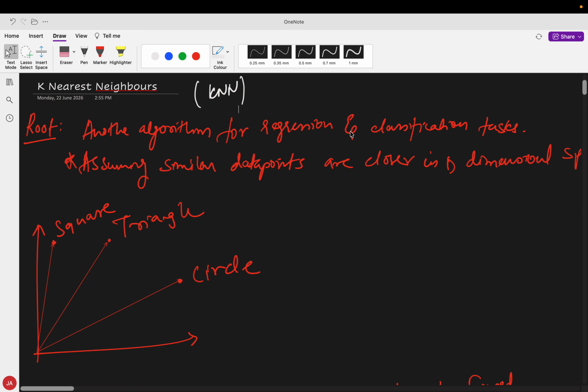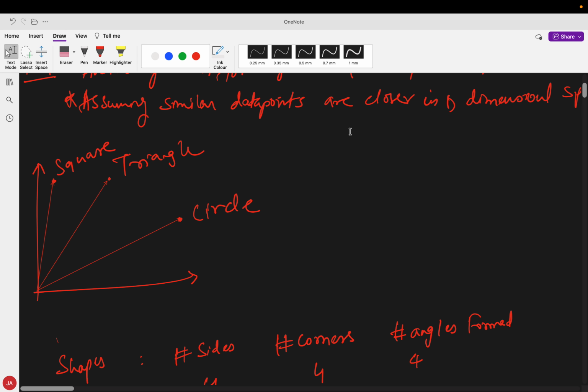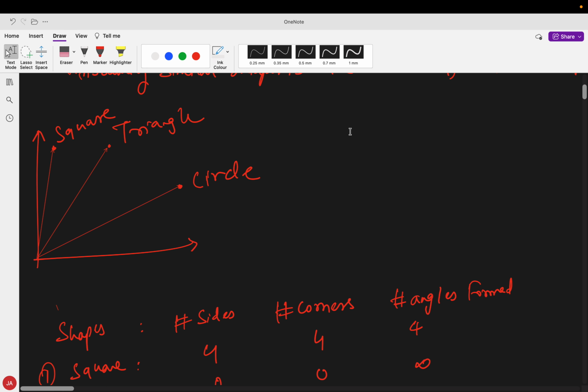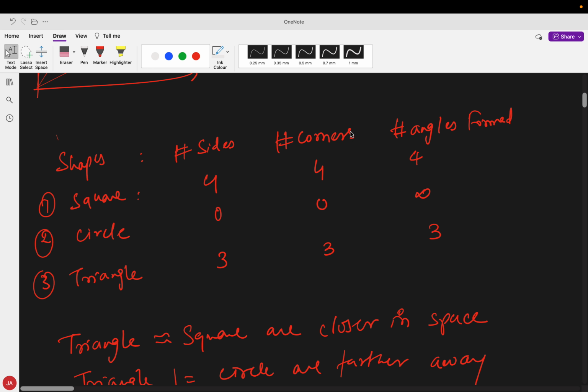KNN works on the proximity principle, assuming similar data points are closer in the d-dimensional space. So let's assume that we have captured some shapes in d dimensions, where here my dimension d is 3, and we have some squares, some circles, and some triangles.